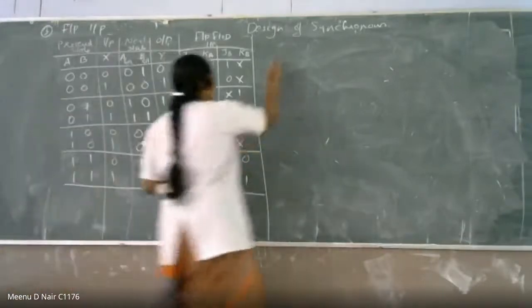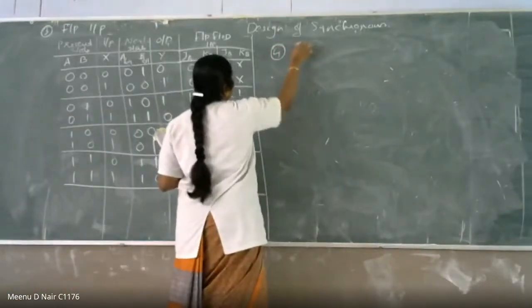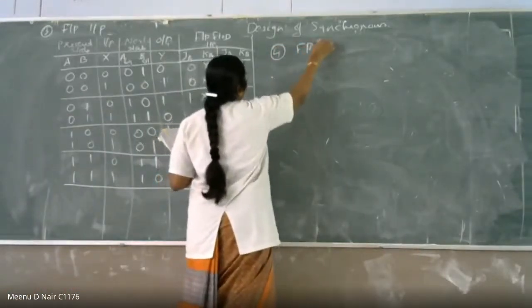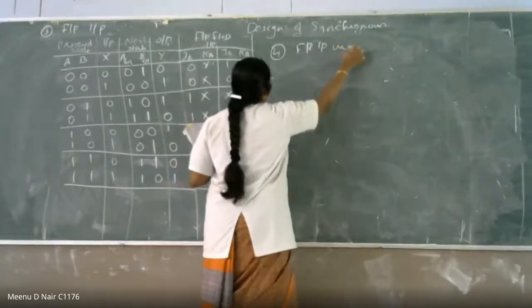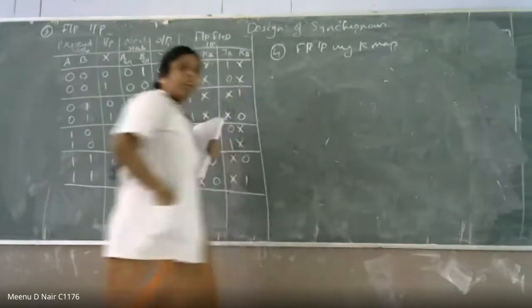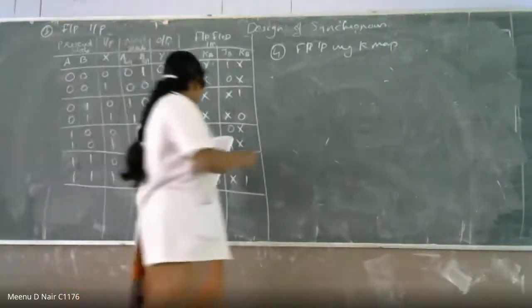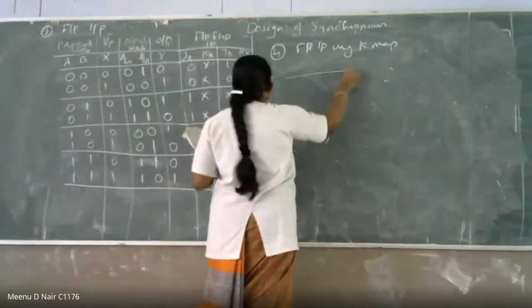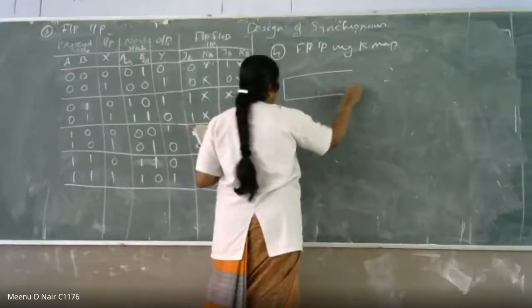Then the fourth point is you are going to find out the flip-flop input using K-map. Okay, that is your fourth point. So first one is JA.